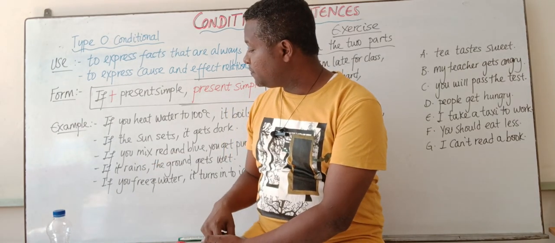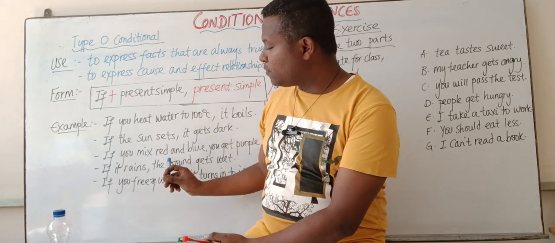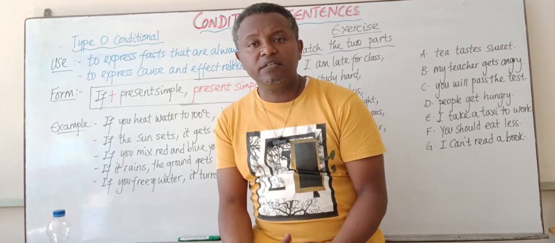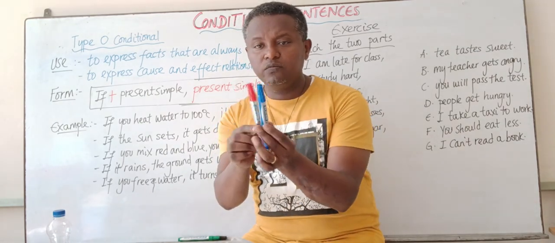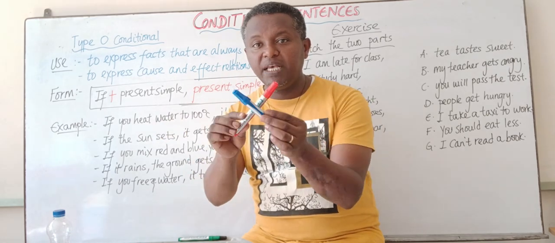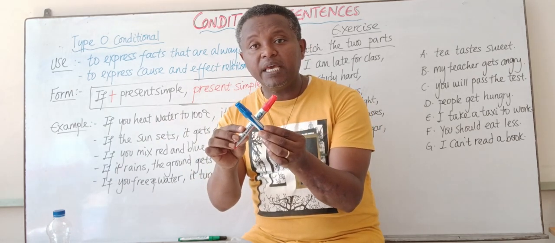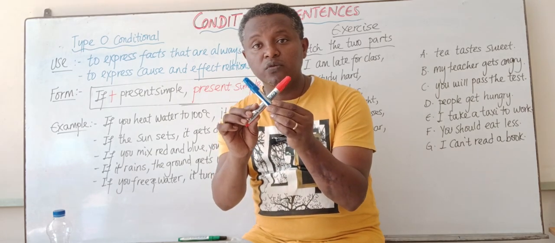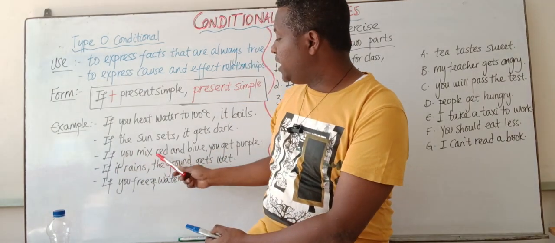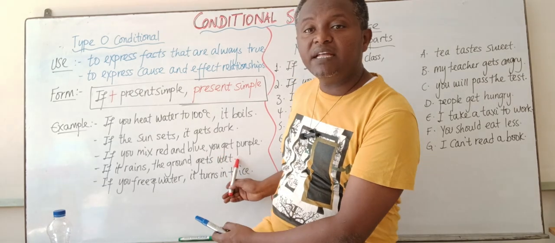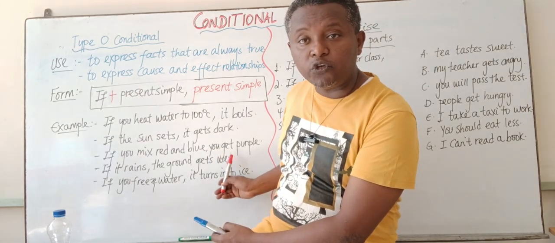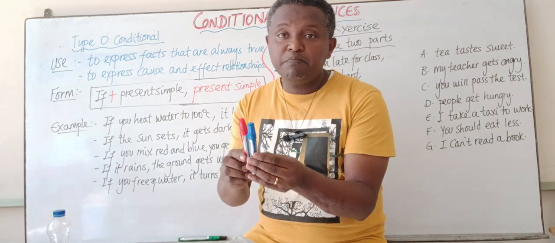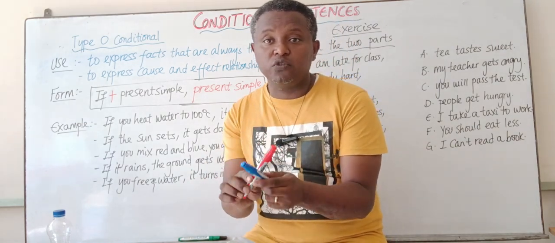Another example, if you mix red and blue colors, okay, red and blue, if we mix them, what color do we get? What color do we get when we mix these two? So if you mix red and blue, you get purple. You see, this is some scientific or general truth, okay?